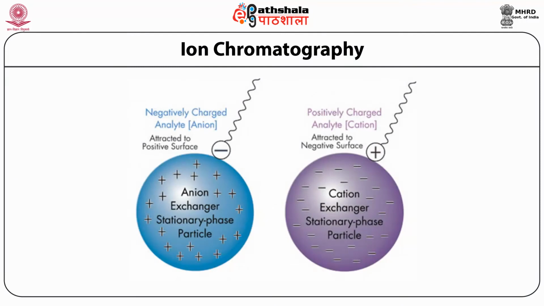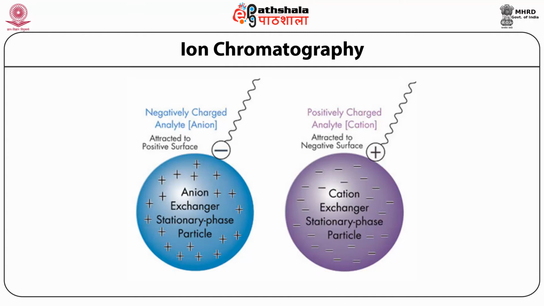Here in this picture, the anion exchanger stationary phase particle and the cation exchanger stationary phase particle are observed. The anion exchanger stationary phase particle attracts negative ions from the solution. Anions like chloride, sulfide, and other ions present in the water attach to this stationary phase, and then you can identify the presence of anions by using this anion exchange stationary phase.